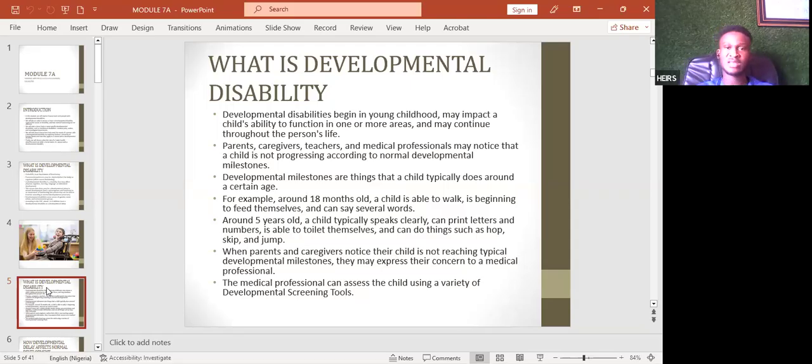So as parents and caregivers and teachers and medical professionals, we notice that a child is not progressing according to normal development milestones. Now, there are things called developmental milestones. Different people have categorized a child's development into different milestones, like Sigmund Freud.